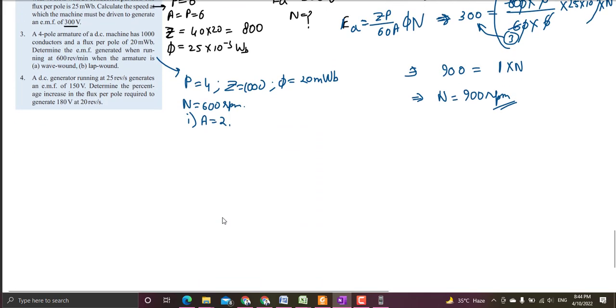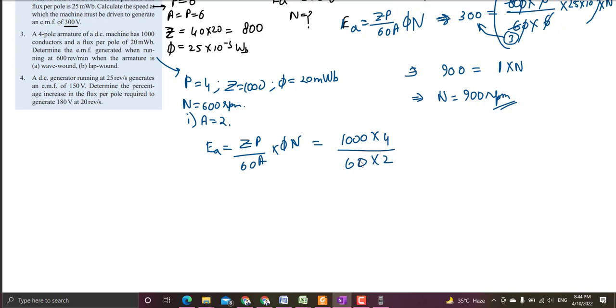So for A is equal to 2, we put EA is equal to ZP divided by 60 A into phi into N, which is equal to Z is 1000, P number of poles is 4, 60 into A, number of parallel paths 2 for wave winding, into phi is 20 milliweber, 20 into 10 to the power minus 3, and RPM, how much it is moving, is 600 RPM.